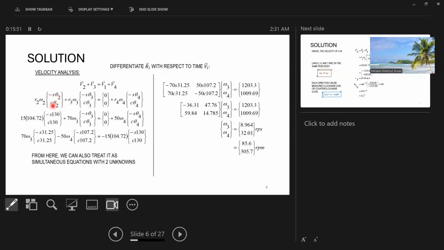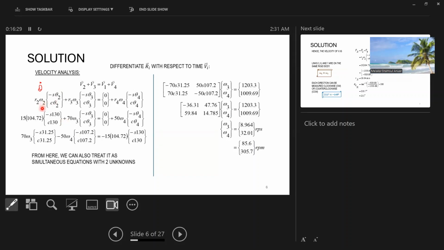The sine down here becomes cosine when differentiated. We need to understand this. Then you have to differentiate the theta inside, and that gives us this omega, which is also theta dot. In other books, they may use theta dot for velocity.